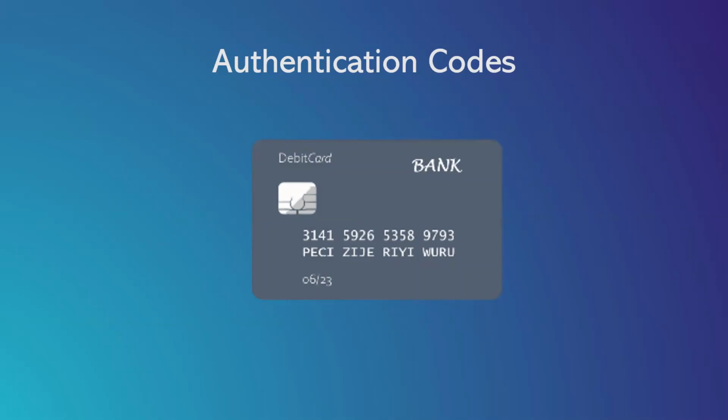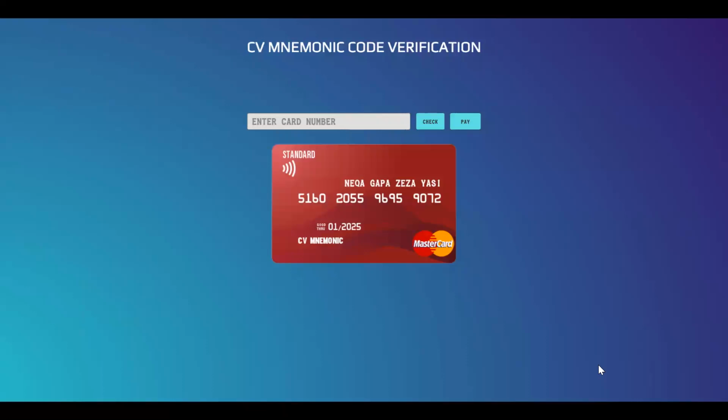And this can be used in two ways. One is, maybe this is a second way of entering the information. Users may be allowed to enter the credit card number either as a numeric code or as a CV mnemonic code.